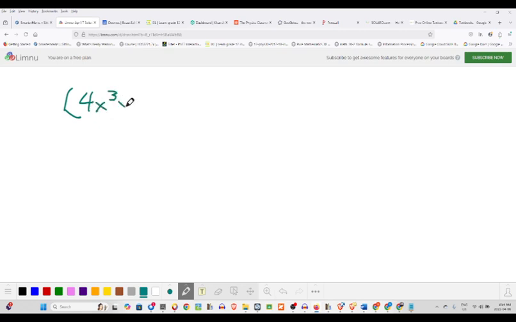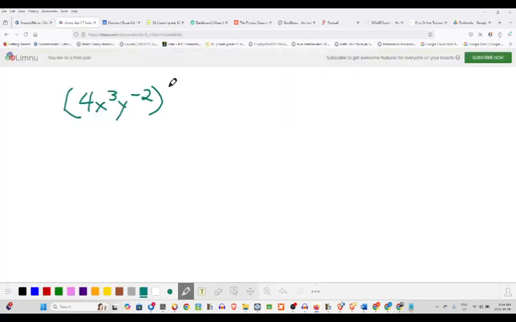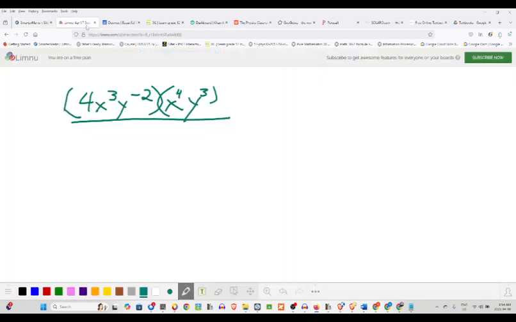Our second set of brackets is x to the 4th y cubed. And in the denominator, we have a negative 2x cubed y squared. But that is all within these brackets.